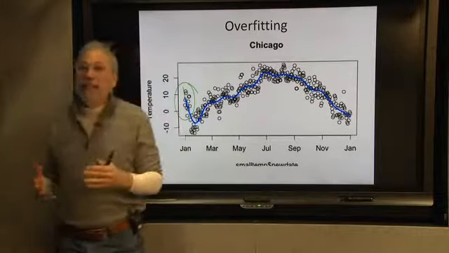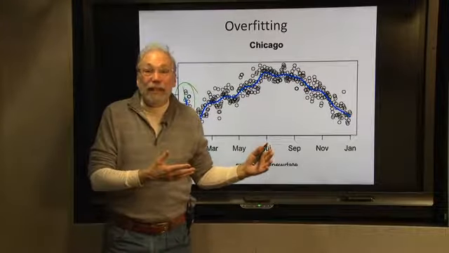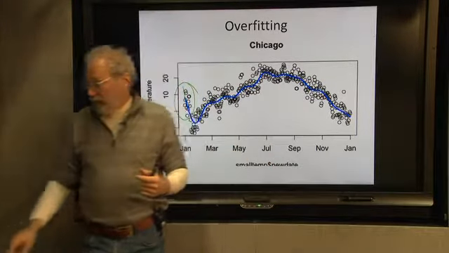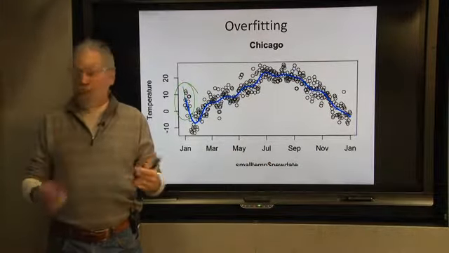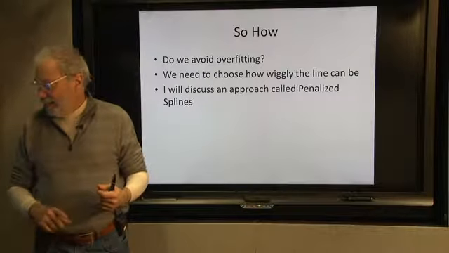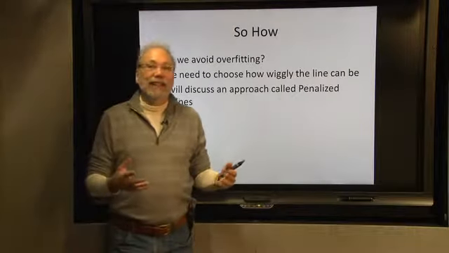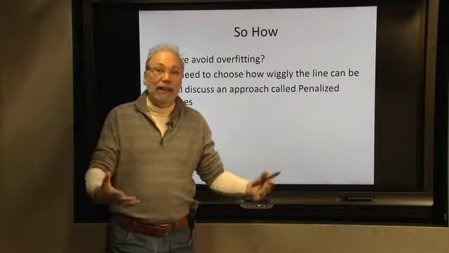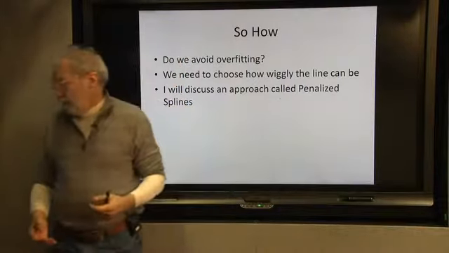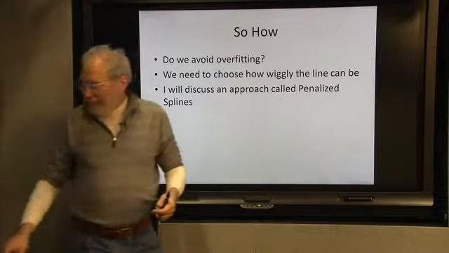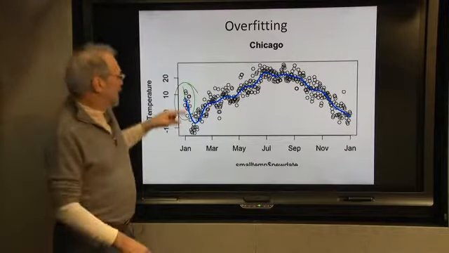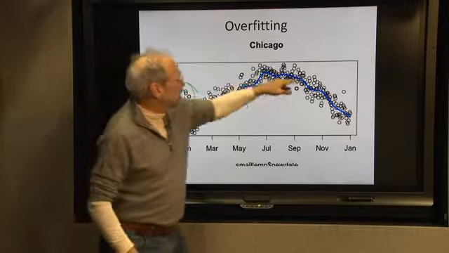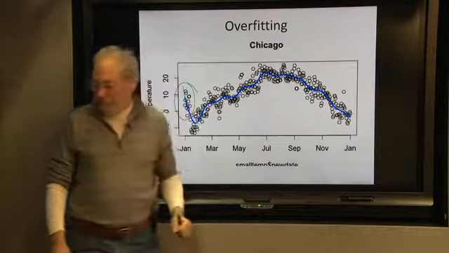So how do we fit the data pretty well but avoid overfitting when we don't have a good answer to how many knots and where to put them from our knowledge of the basic biology? Well, in some sense, the problem with this line is it's just too damn wiggly.